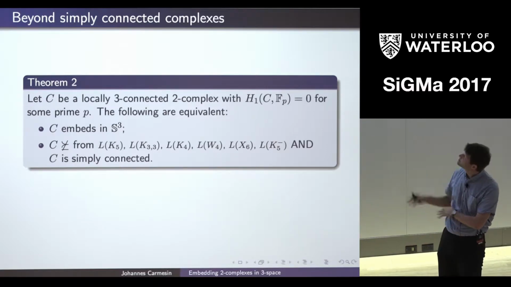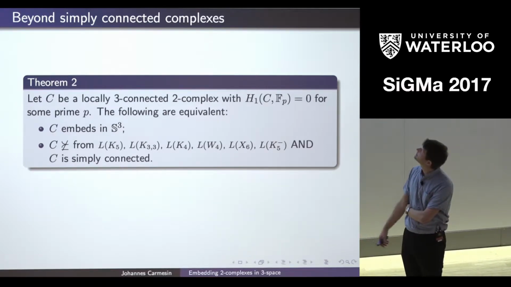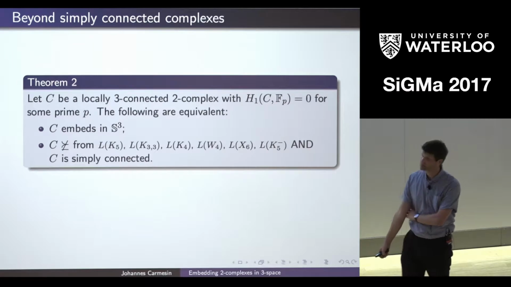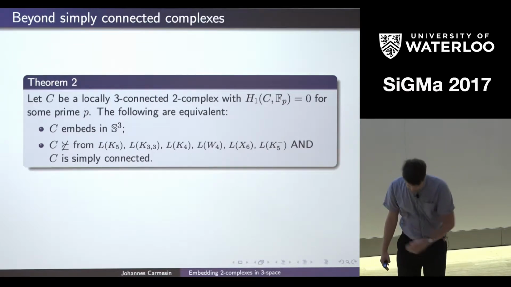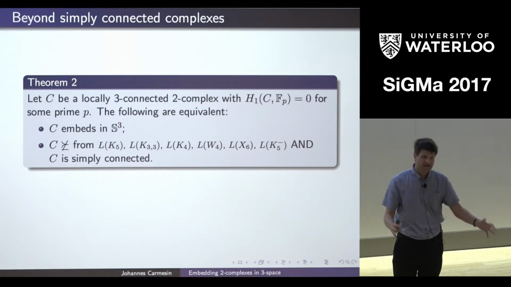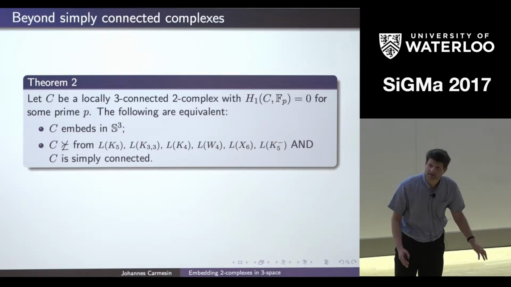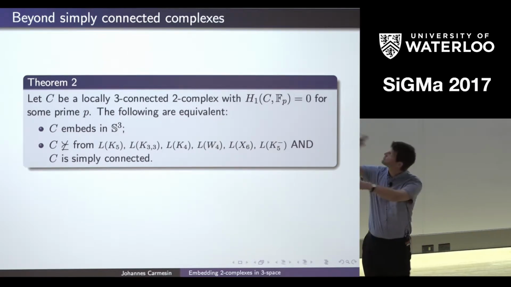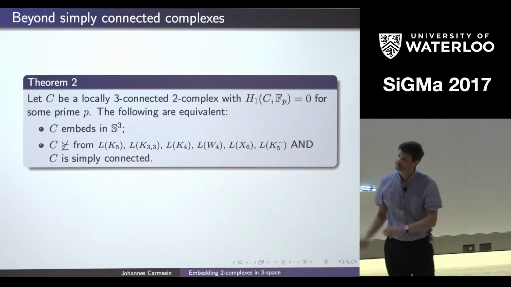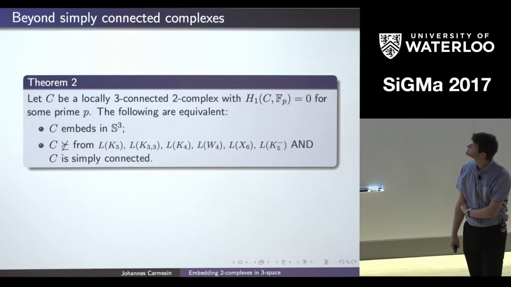So now we have a locally 3 connected 2 complex with the first homology group being trivial. And then the 2 complex can be embedded in 3-dimensional space if and only if it doesn't have one of these finitely many excluded minors and it's simply connected.